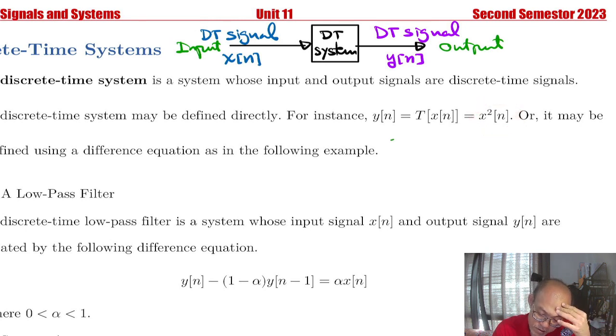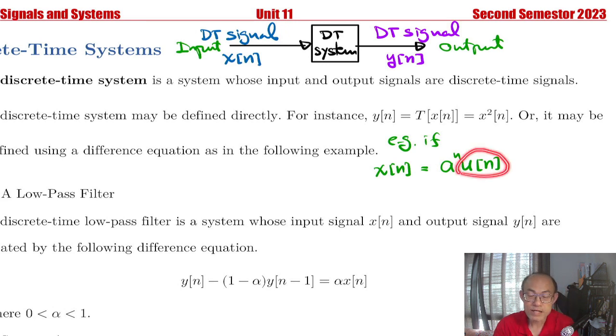So for example, if the input signal is a to the n u[n], whenever I multiply some function with u, it means that I'm starting it at time 0, just as in continuous time signals and systems.